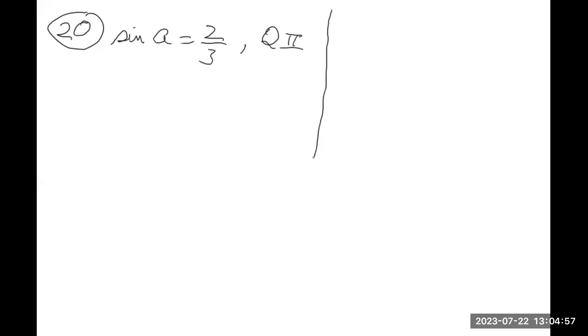And then we are also given that the cosine of another angle B is negative 1/4, and that's a second quadrant angle as well. And using this information, we have to figure out sine of A plus B.